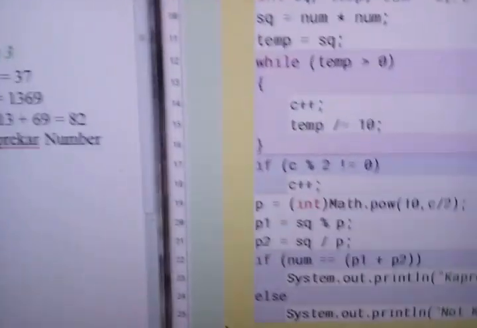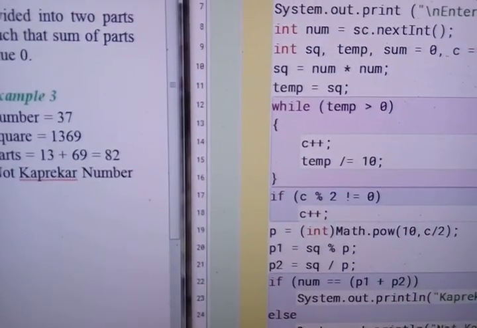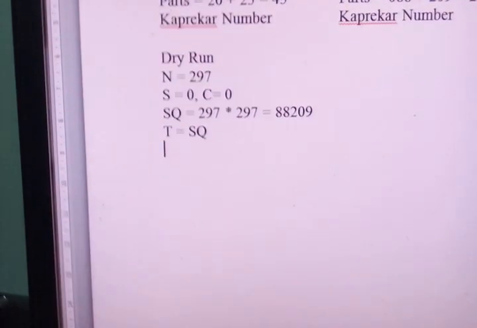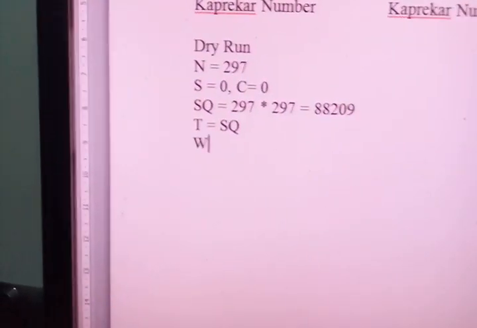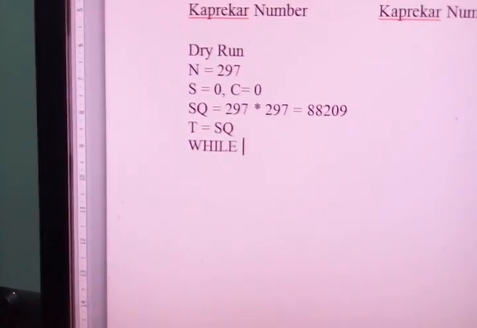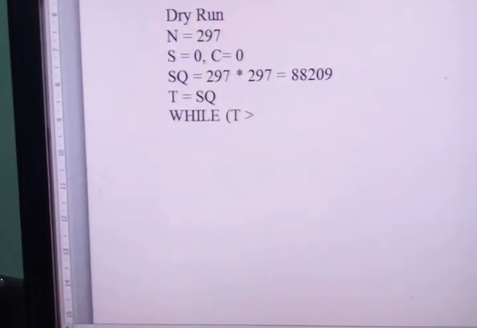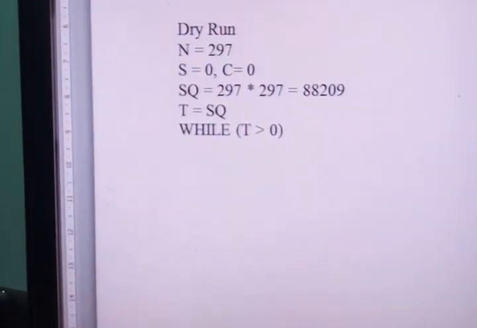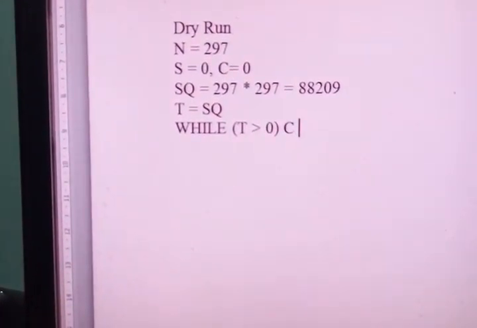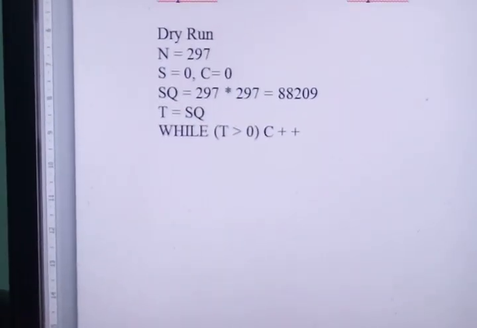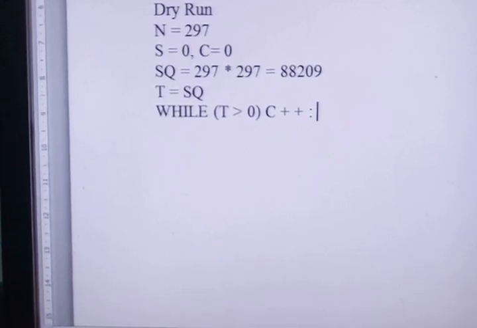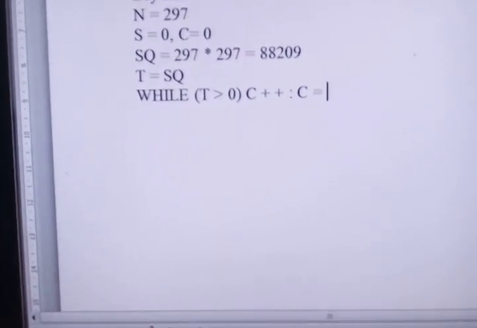This much I will do. Next, while temp greater than 0, c plus plus. So this is the counter part: while t is greater than 0, the counter will be incremented. Through this I will finally get the value of c equals 5.